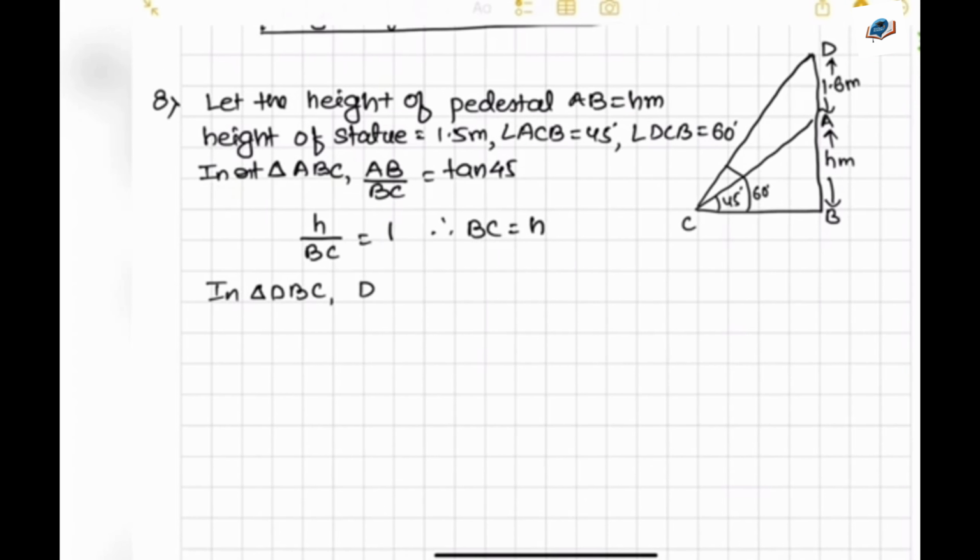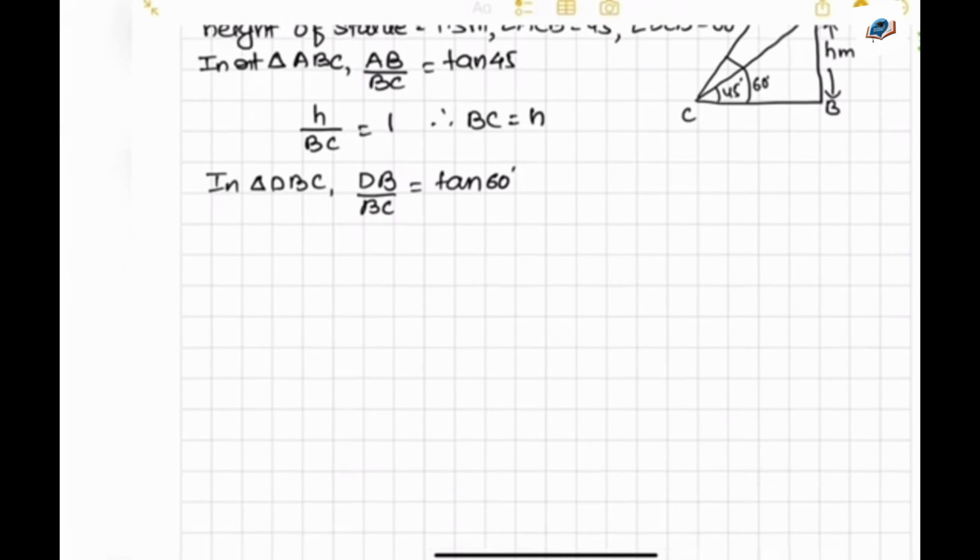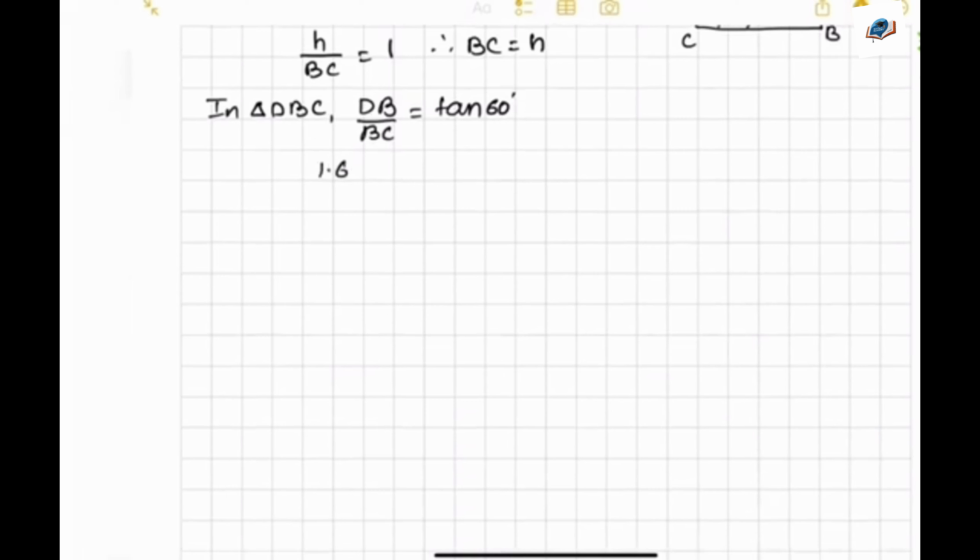Now in triangle DBC, DB upon BC equal to tan 60. So I can say 1.6 plus h upon BC equal to root 3.